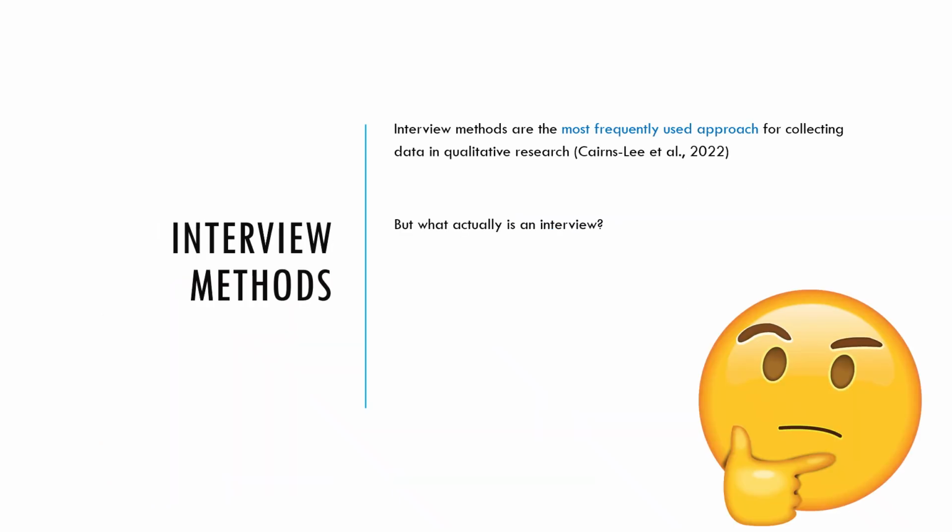So let's talk about the first method of qualitative research, that is the interview method. So what is an interview? An interview is a structured conversation where the researcher wants to gather detailed information from participants by asking certain types of questions.